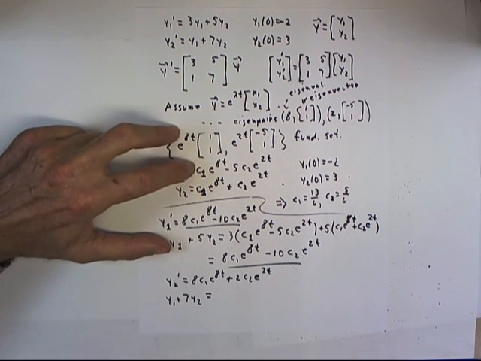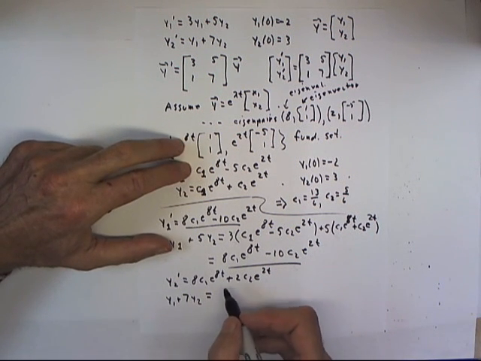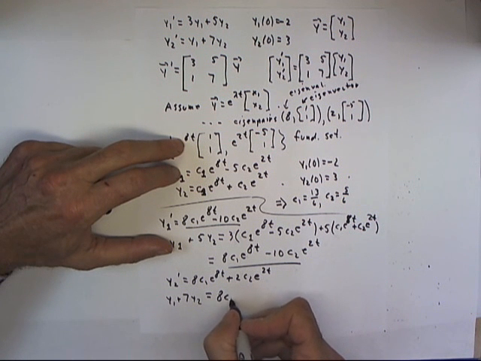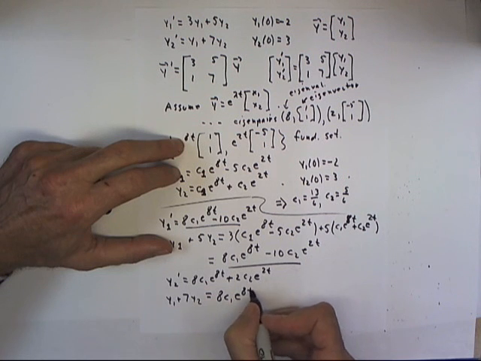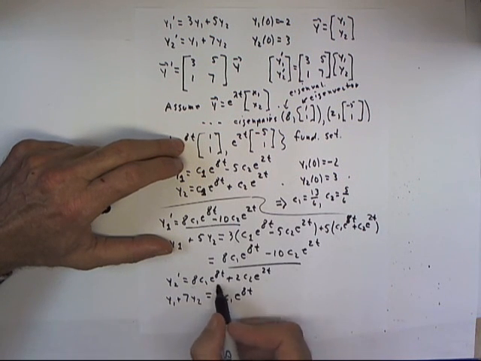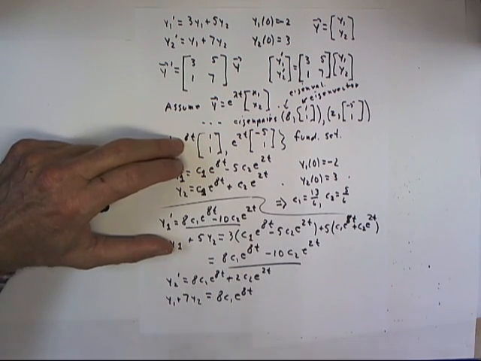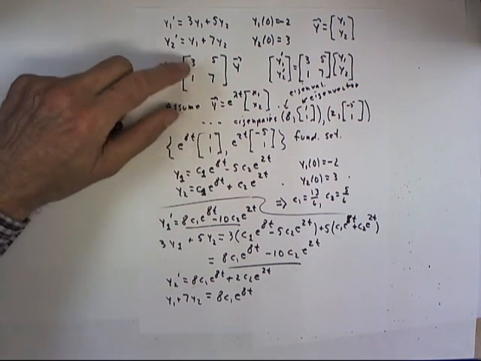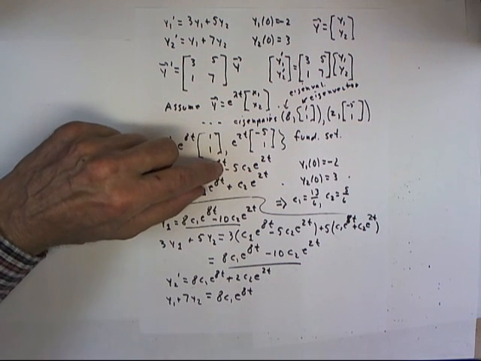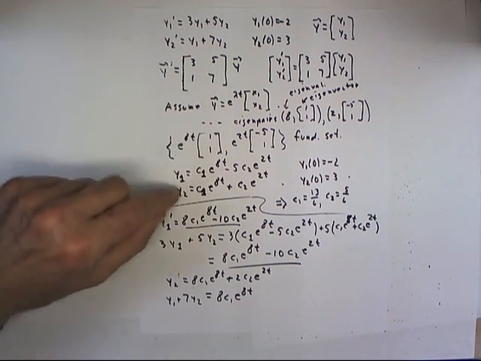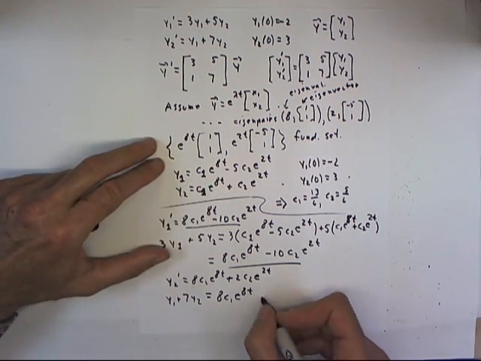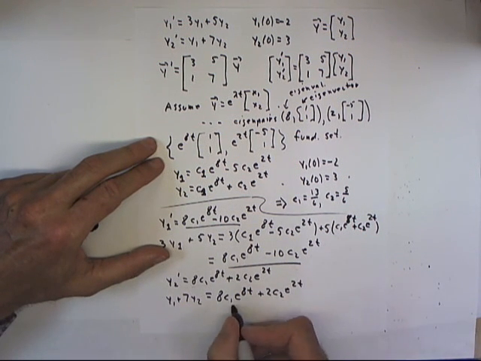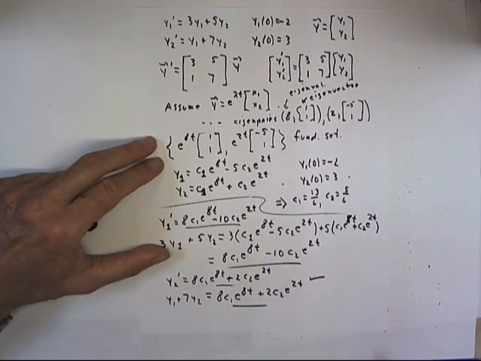Well, if we do y1 plus 7y2, we get c1 plus 7c1, which is 8c1 e to the 8t. And that matches what we got here. And then we have negative 5c2, that's our y1, it's just going to give us a negative 5c2. 7y2 is going to give us plus 7c2, so that's going to be plus 2c2 e to the 2t. And these are the same, and that checks.